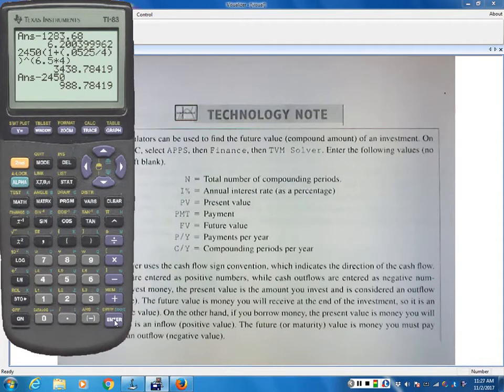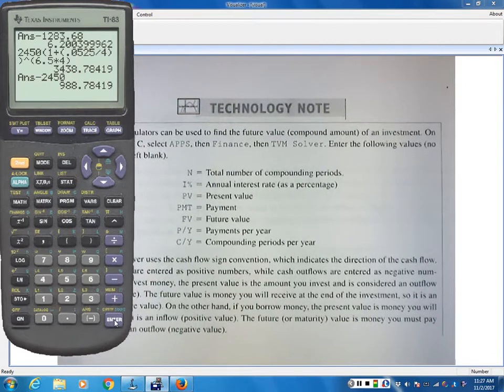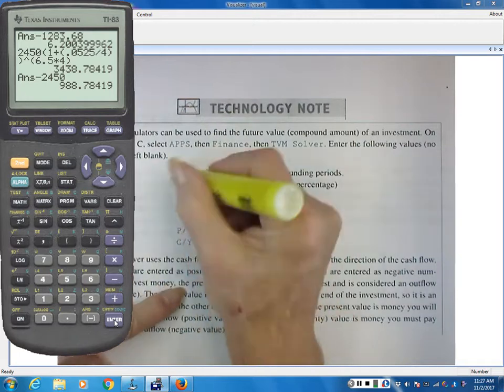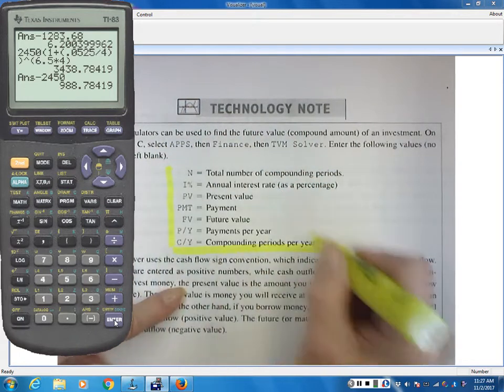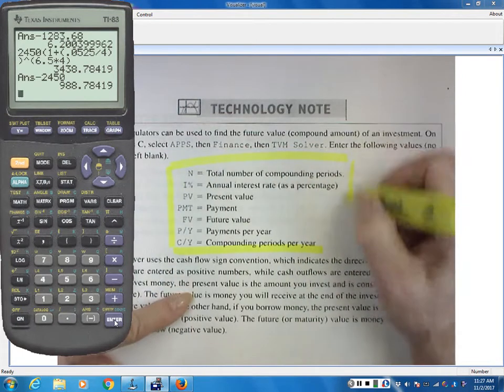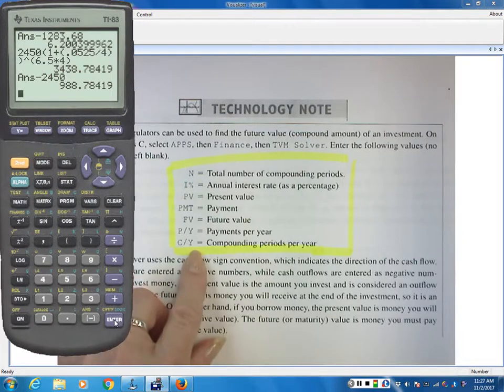Now we'll talk about the calculator. When we do a problem on the calculator, these are the things that you're going to need to be able to pick out of the problem. So every time you start a problem, once you start using the calculator, you need to be able to pick out all of these different values.